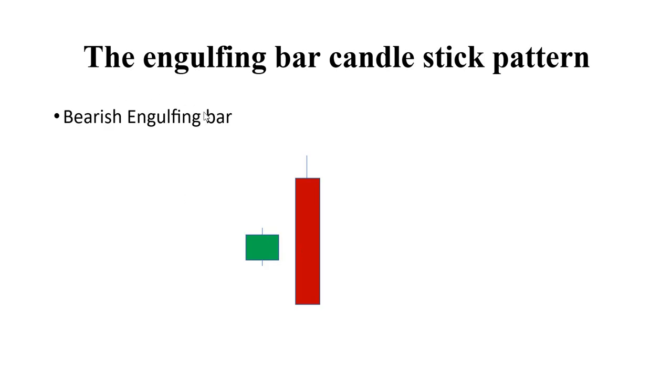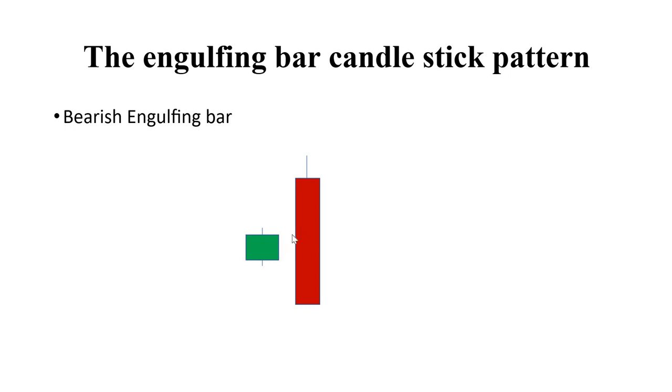We are talking about the bearish engulfing bar. So the next candle that forms should be a long bearish candle. So when you see a long bearish candle in which the open and the close have completely overshadowed the previous candle.